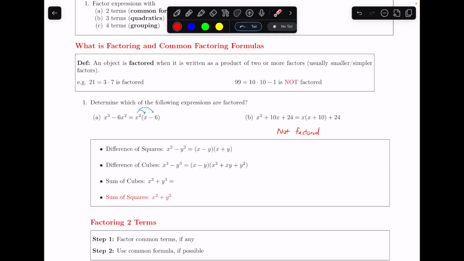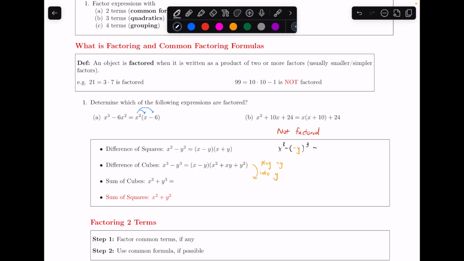So a sum of cubes also factors. There's actually a very quick way to get that if I already have my difference of cubes, which is we plug negative y into y. So anywhere I see a y on either side, I'm going to be plugging in negative y instead. So on the left-hand side, I would get x cubed, and then minus, instead of y cubed, I would now get negative y getting cubed.